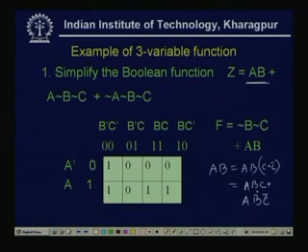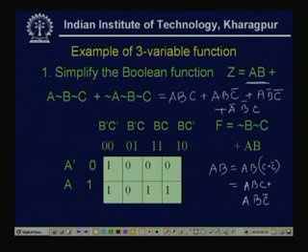So, that is why this 3 variable function, where 3 terms were there, has now been extended to 4 min terms, that means A B C plus A B C bar plus A B bar C bar plus A bar B bar C bar.